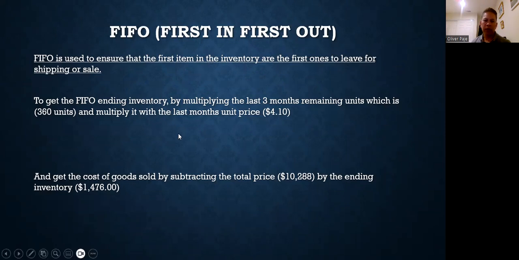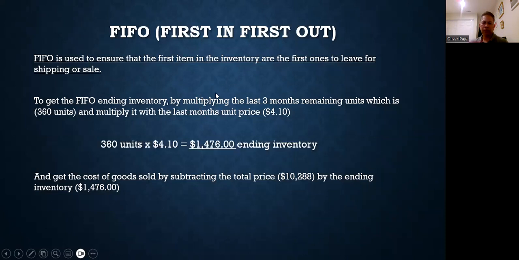In the FIFO method, you take the last 3 remaining inventory and multiply it by the last month's unit price, the $4.10 per unit. So you get the total of 3 months, which is the 360.